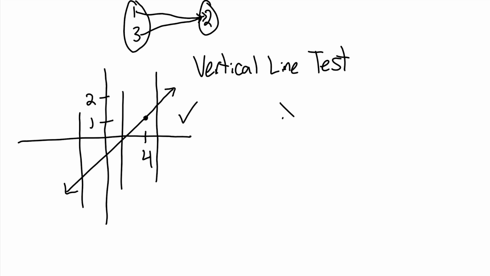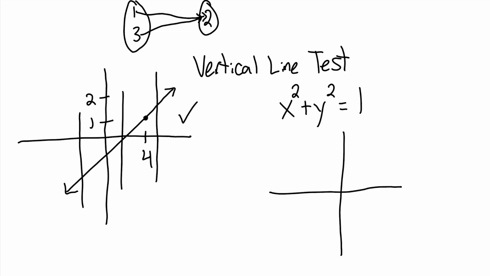Let's take a look at a special type of equation, which is that of a circle. We won't get into the specifics of circles and what the equations of circles are, but this is a circle with center (0, 0) and radius 1.